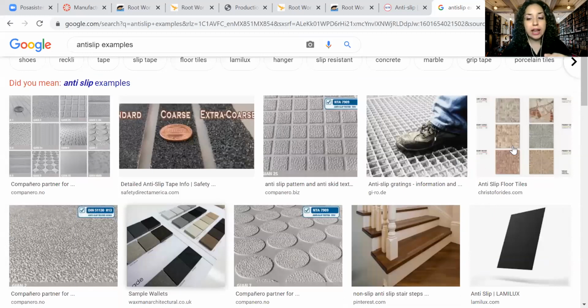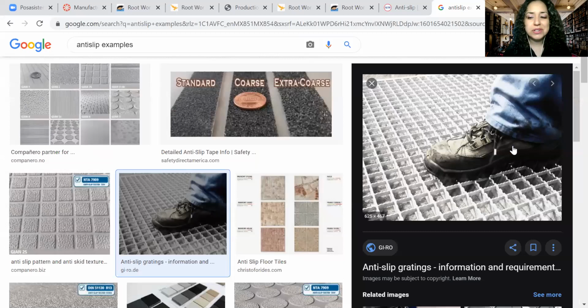And you can see it, for example, in this photograph, in this picture. There is a foot, and well, it's not actually just the foot, it's the shoes, and it's also the floor. You can see that the floor has a certain structure, that it's sort of rough. It's not just slippery, or the opposite of anti-slip.